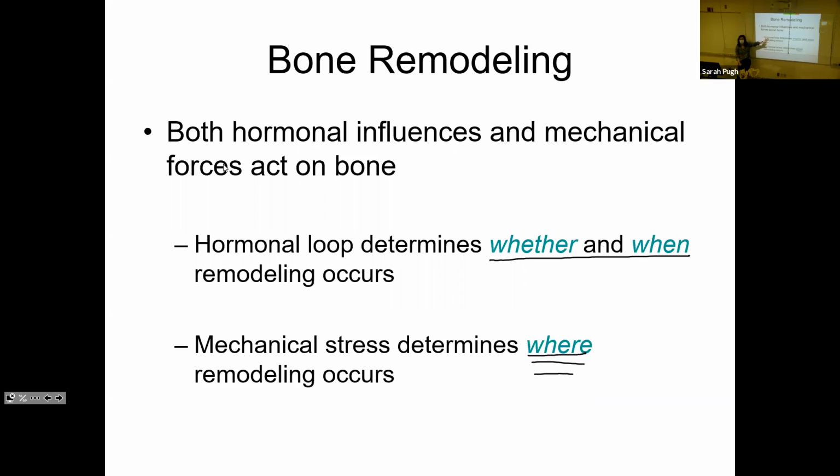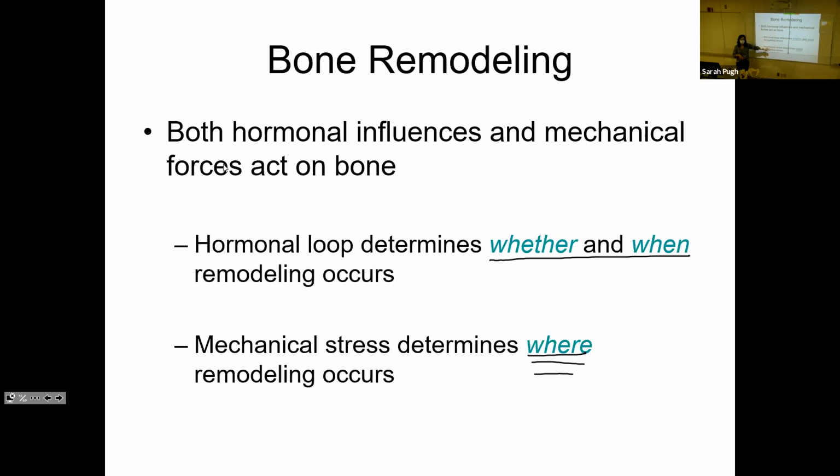Where will you destroy it? The last place you need it. So as a ballerina, if I'm on point shoes and my blood calcium is low, I'm not pulling bone out of my ankles and my feet, right? It'll be from somewhere else. So we say the hormonal loop, if calcium is high or low, determines whether you remodel at all and what kind of remodeling happens. And the stress on your bone determines where the remodeling happens.